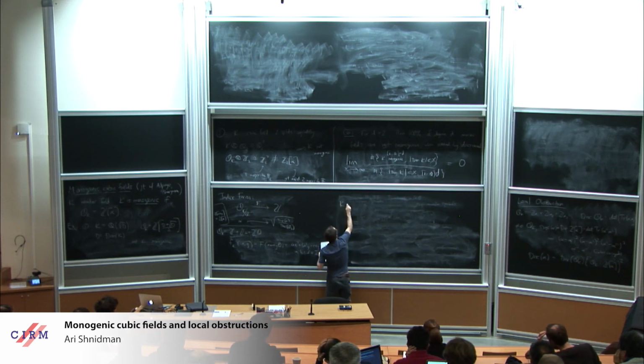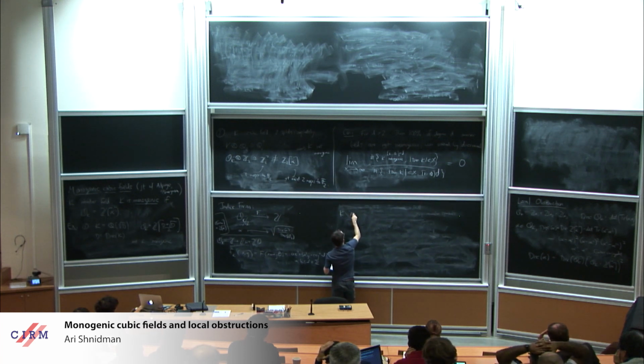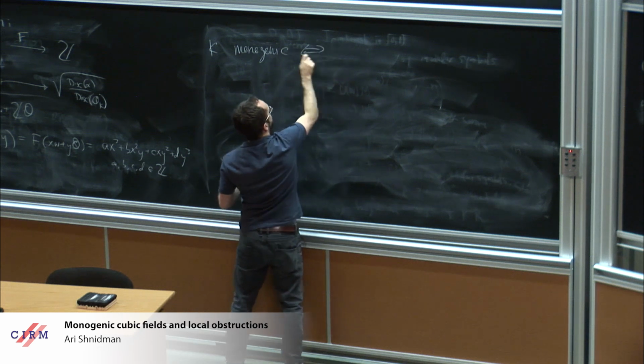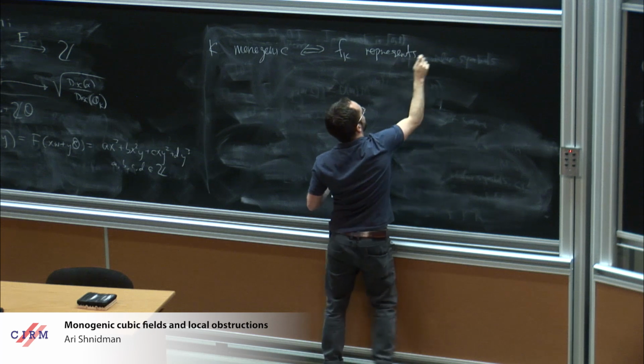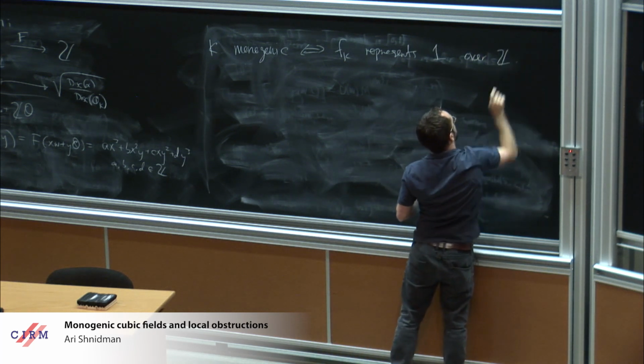So K is monogenic if and only if F_K represents 1 or minus 1, same thing, over Z.